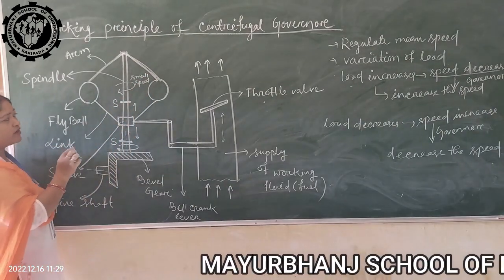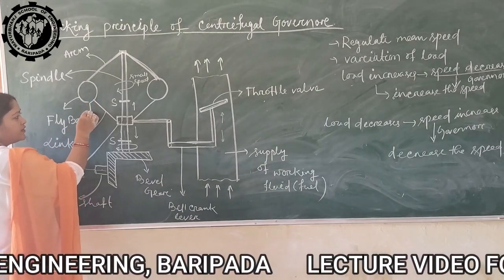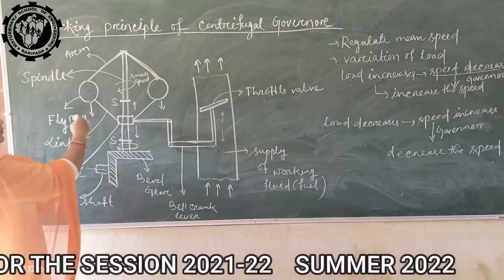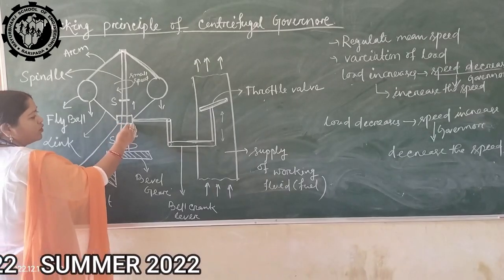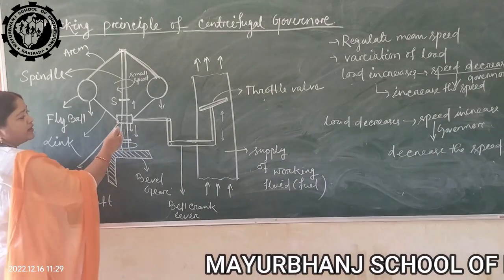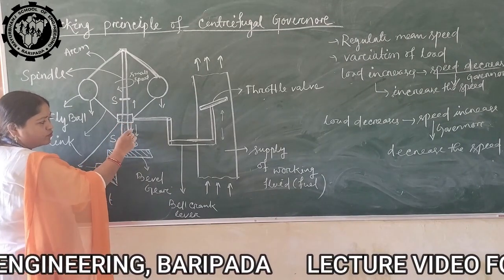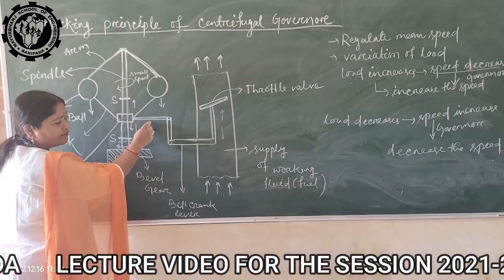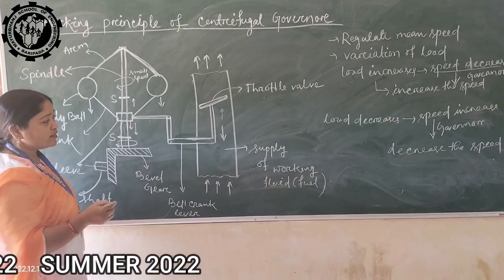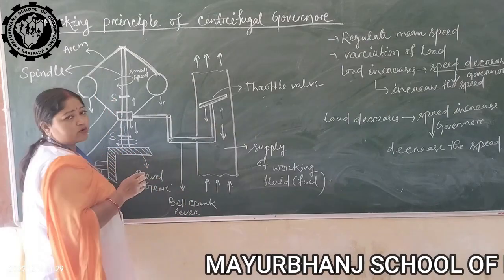As it rotates at a smaller speed, the flyballs move down. When the flyballs move down, the sleeve also moves down. The bell crank lever is connected with the sleeve, so when the sleeve moves down, the bell crank lever also moves down.